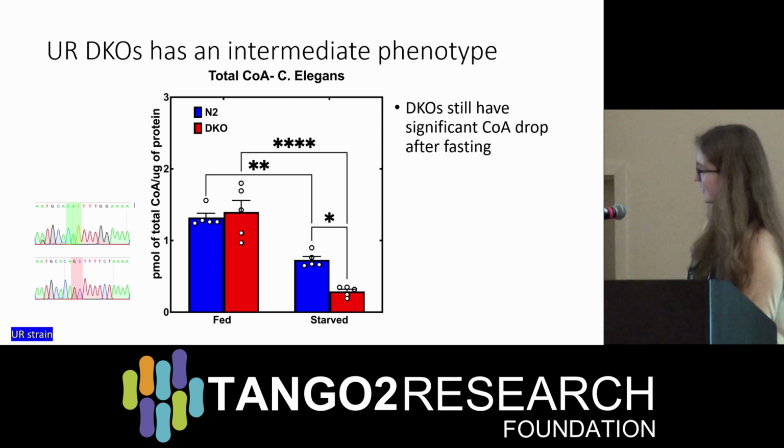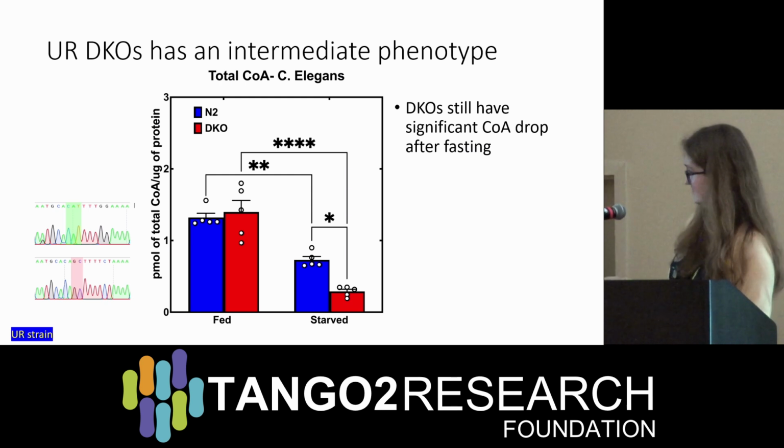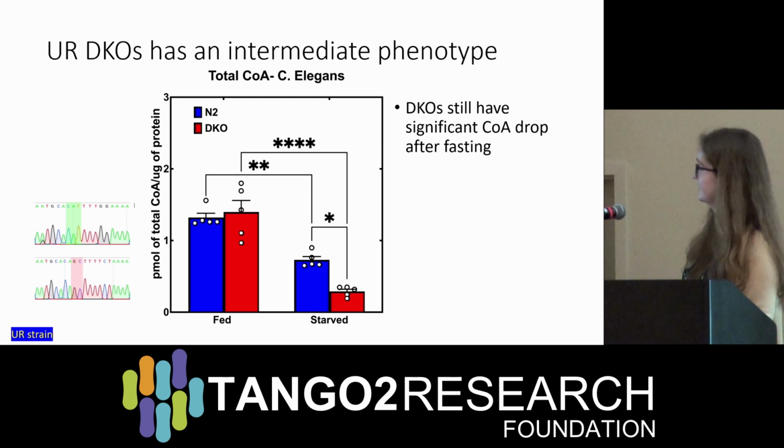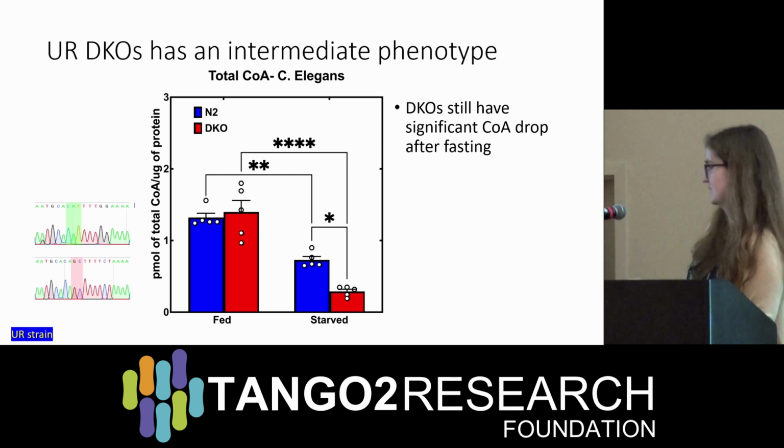And so I went back and looked at if there were any differences between my double knockouts and the previous double knockouts that we had been working with. So we went back and looked at our CoA phenotype, and we saw that similar to our previous strain, the double knockouts have a good amount of CoA at baseline, and then when they're starved, this CoA level drops off.